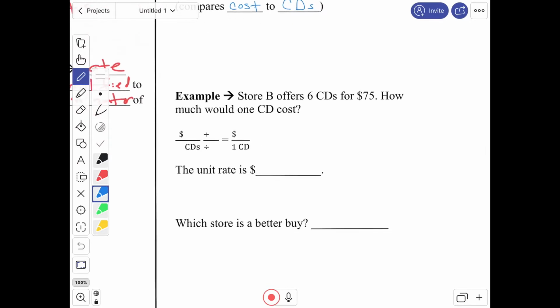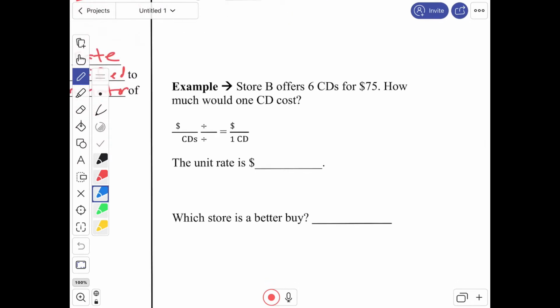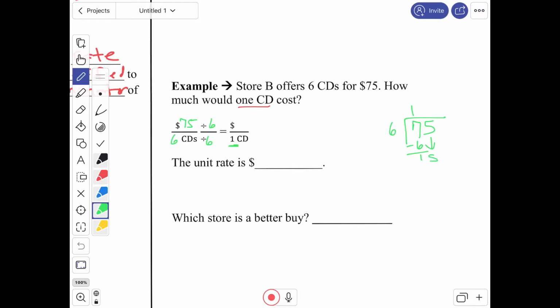Example 2. Store B offers 6 CDs for $75. How much would one CD cost? So we have $75 for 6 CDs. And again, we want to change that to just 1. So 6 divided by 6 would get me 1, so I'm going to divide by 6 on top. 75 divided by 6.